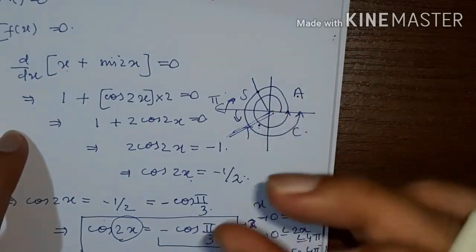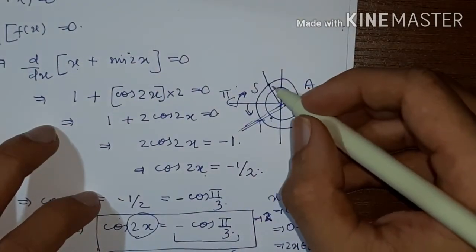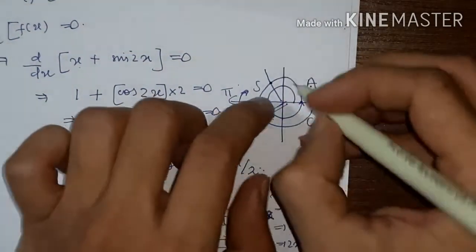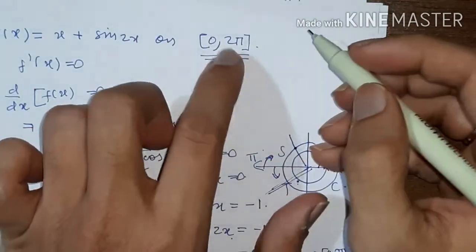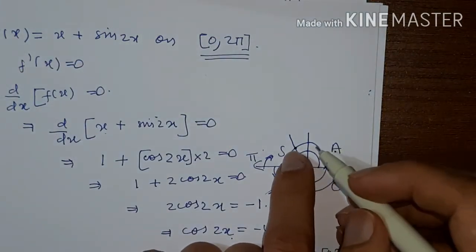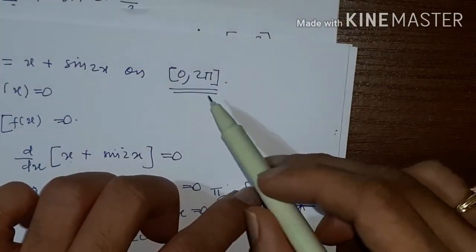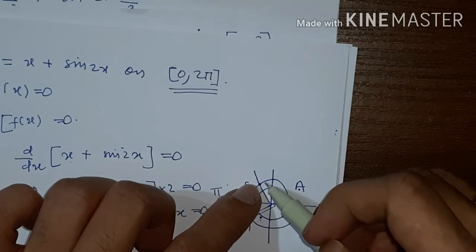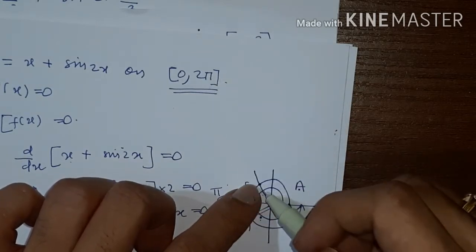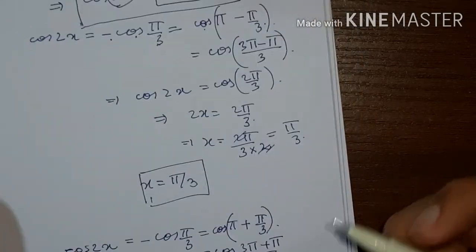But the name of the angle is different. So you will not get pi by 3 or 2 pi by 3, you will get something different. But you see that that value will be where? Outside this domain, right? Once round you go, it is 2 pi. Now when we are going the second round, yes, you will get the theta where this equation will be satisfied. But the x will be where? Outside the domain. So we should not take those points, because the critical points are only those which lie in the domain.